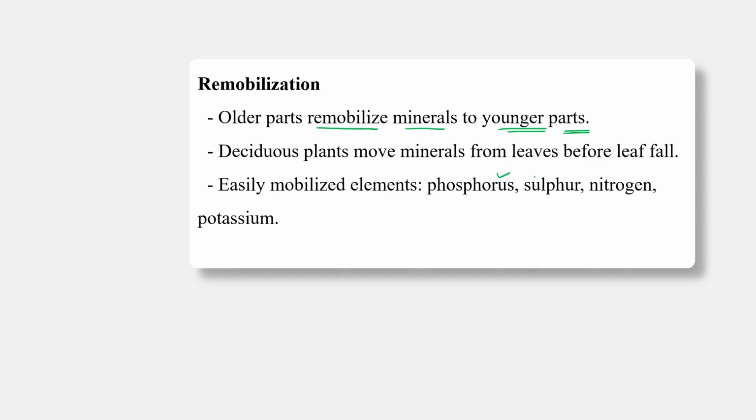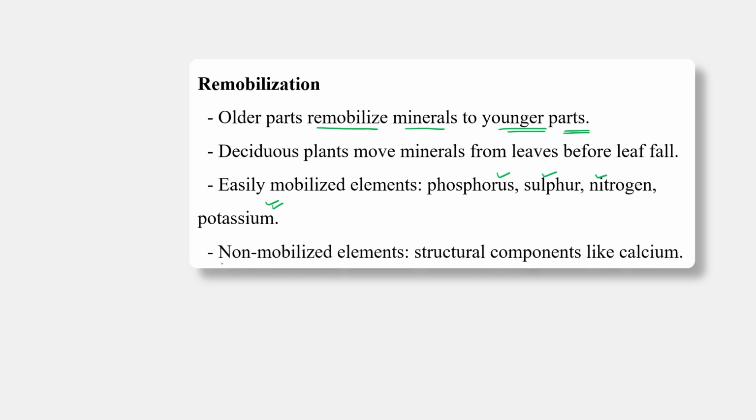Like phosphorus, sulfur, nitrogen, and potassium. These are easily mobile from one area to another, but certain elements come under the non-mobile category, like calcium, which is a structural component of any kind of cell. So calcium is not able to move.